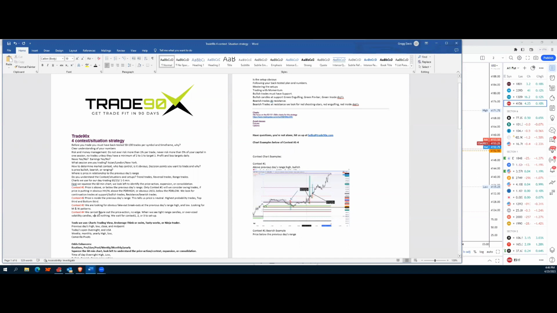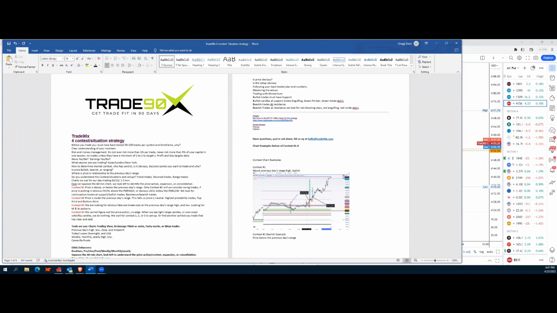When we are in context number 4, you wait for context number 1, 2, or 3 to set up, or find another symbol you trade that has clear and obvious context 1, 2, or 3.